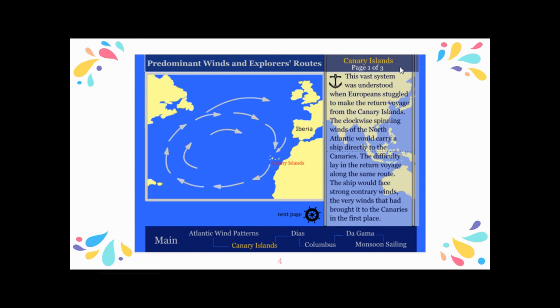This vast system was understood when Europeans struggled to make the return voyage from the Canary Islands. The clockwise spinning winds of the North Atlantic would carry a ship directly to the Canaries. The difficulty lay in the return voyage along the same route. The ship would face strong contrary winds, the very winds that had brought it to the Canaries in the first place.